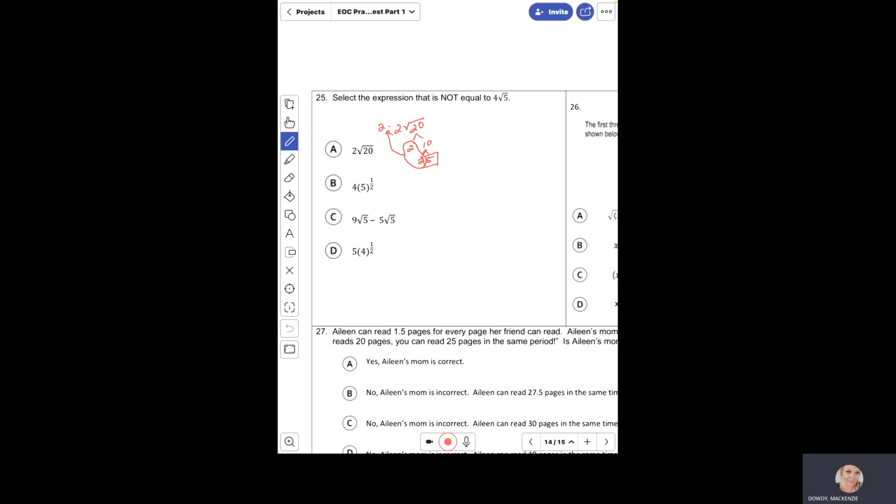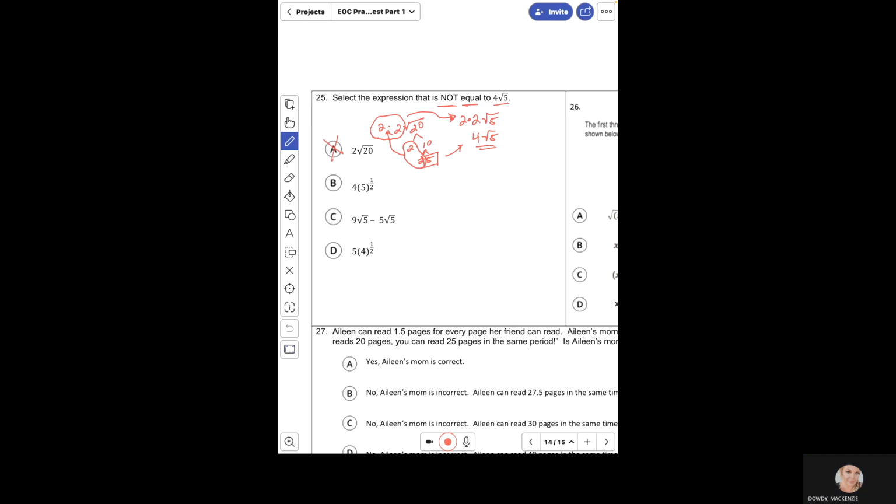It's going to be 2 times 2, and then the square root of 5. 2 times 2 is 4 times the square root of 5. That is equivalent to 4 times the square root of 5. So A is not our answer because they're looking for what is not equal.